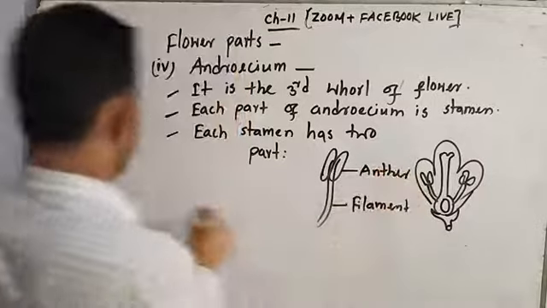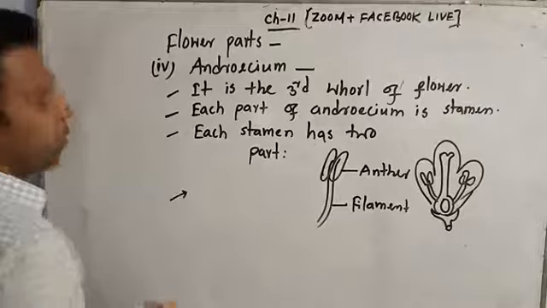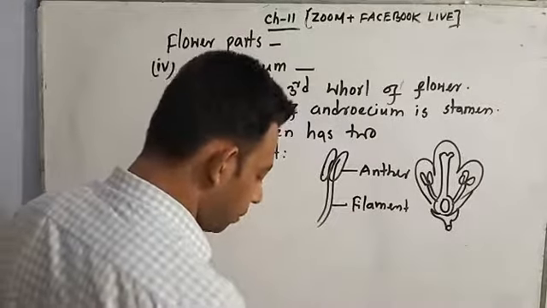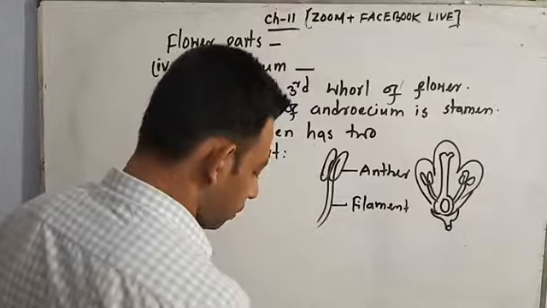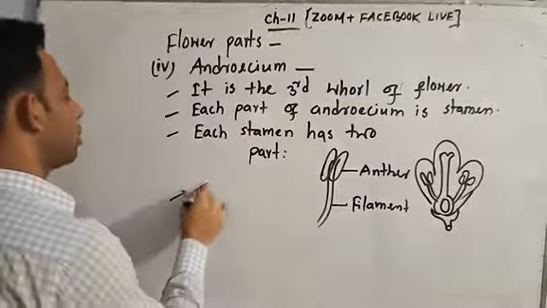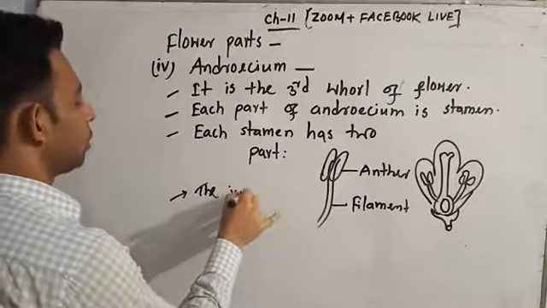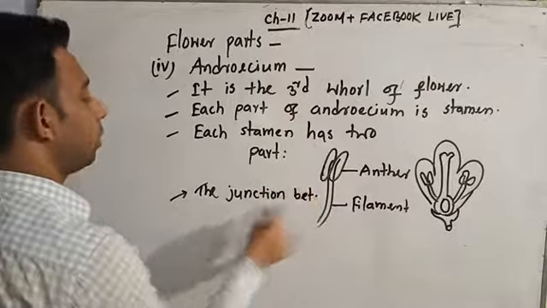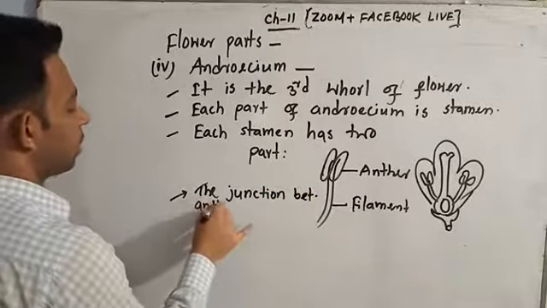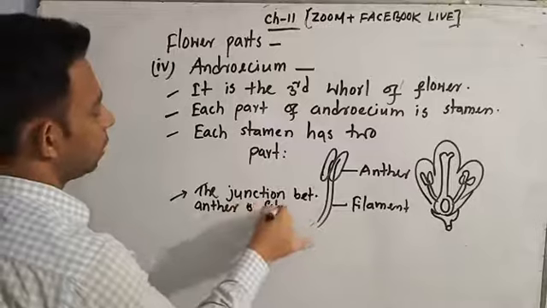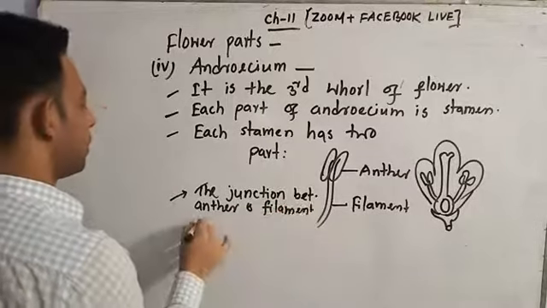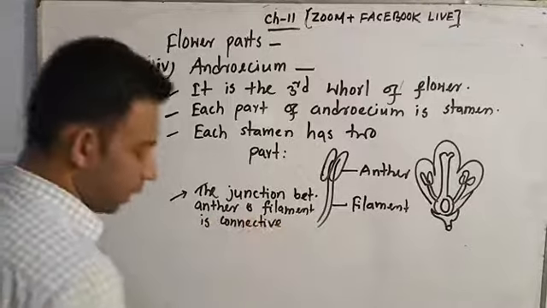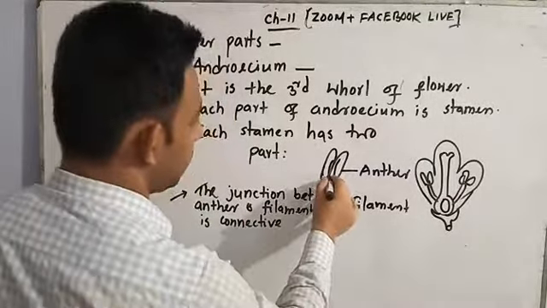These are the two parts of each and every stamen. The junction between anther and filament is called the connective. This part is the connective.